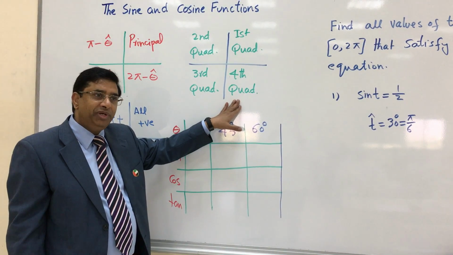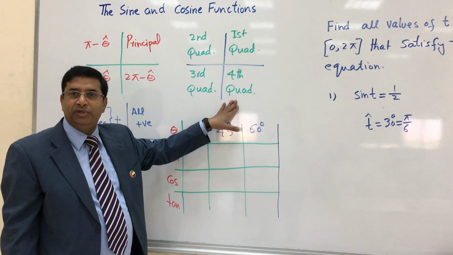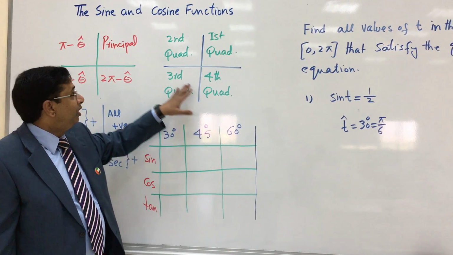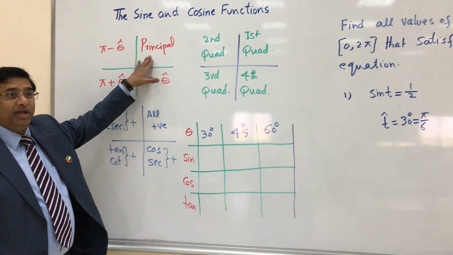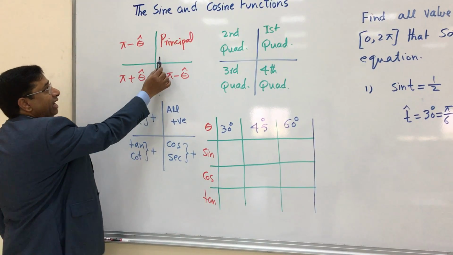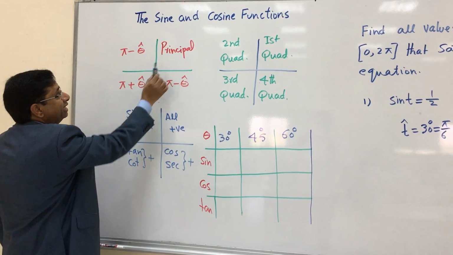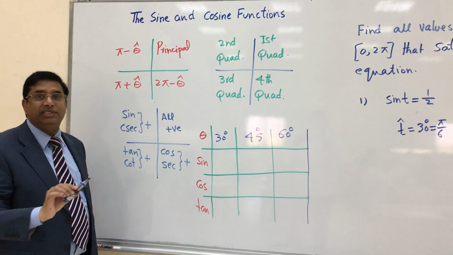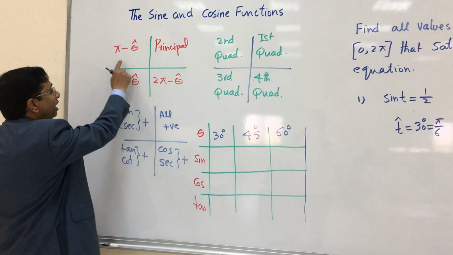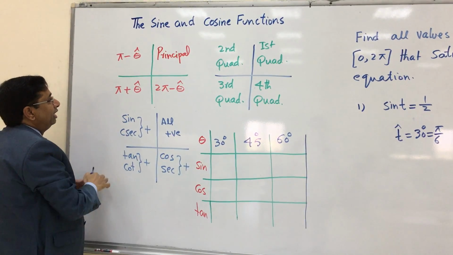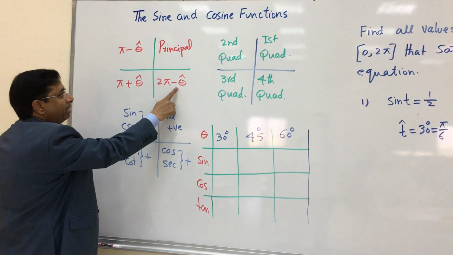And the second important information we require to solve a trigonometric function is to know these formulas. In the first quadrant, the angle value that we consider is the principal reference angle as it is. The second quadrant is pi minus theta, then pi plus theta, 2 pi minus theta.